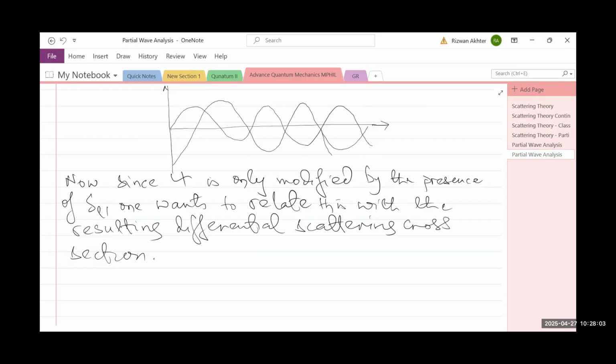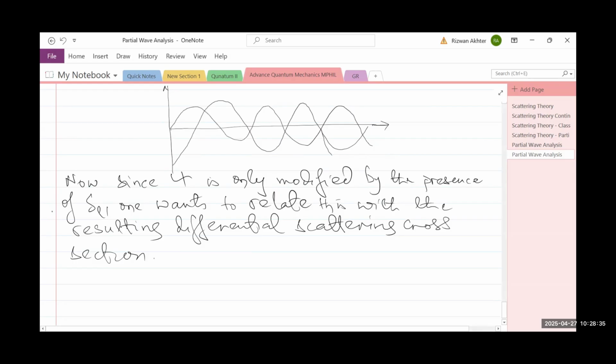So this relation of the presence of this factor delta L to some scattering cross section can be done by writing all waves as expansions in spherical waves. So what we have to do, we have to sum over all those waves, and then we have to insert these factors जो हमने यहाँ पर निकाले in order to get a relationship between delta L and the differential scattering cross section.